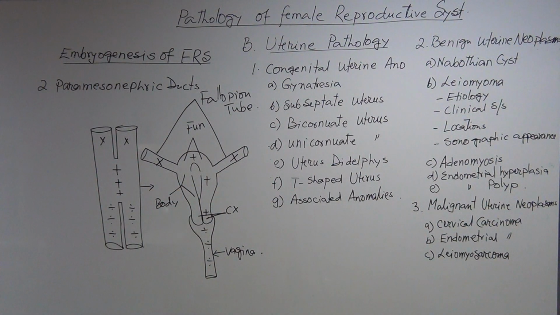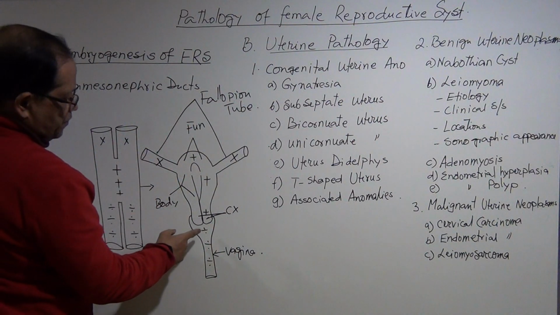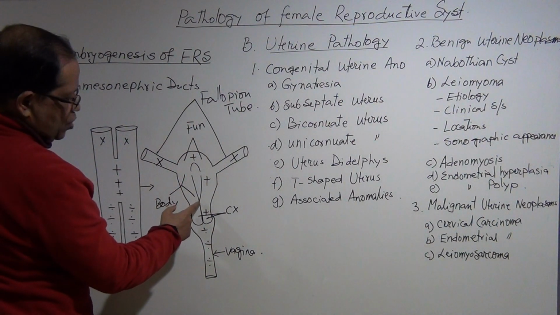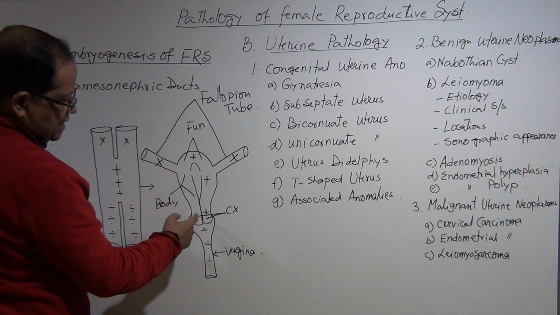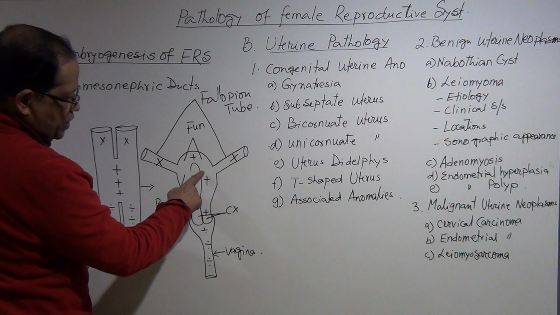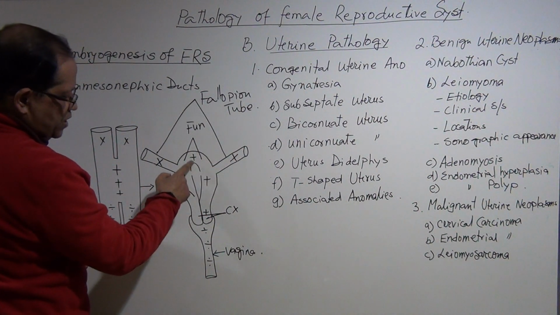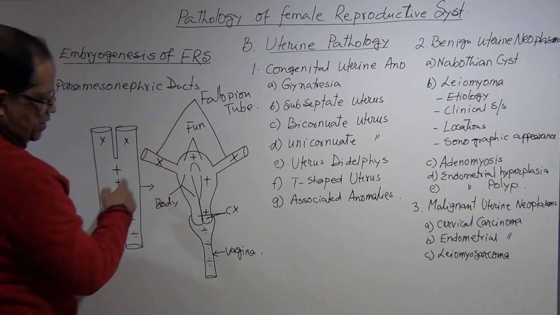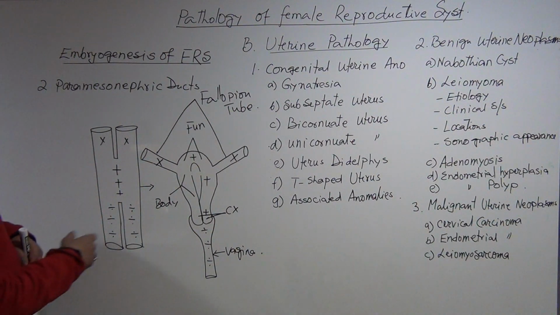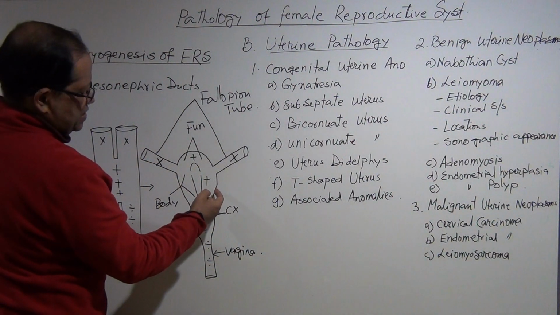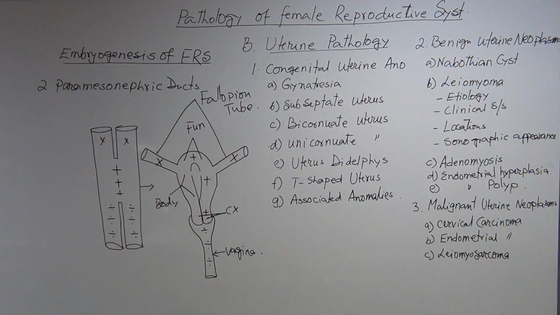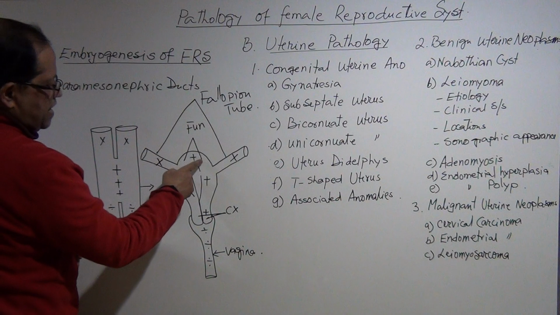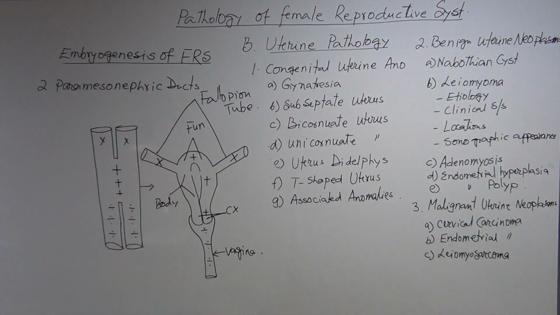Okay, giving the external os, internal os, and this is called the isthmus, and this is the cervical length, and it has an opening going to the fallopian tube, the endometrial cavity, and this fallopian tube. And as you know, the uterus has 3 layers in the wall: perimetrium, myometrium, endometrium. And the uterus has 3 parts: fundus, body, and cervix. Right?